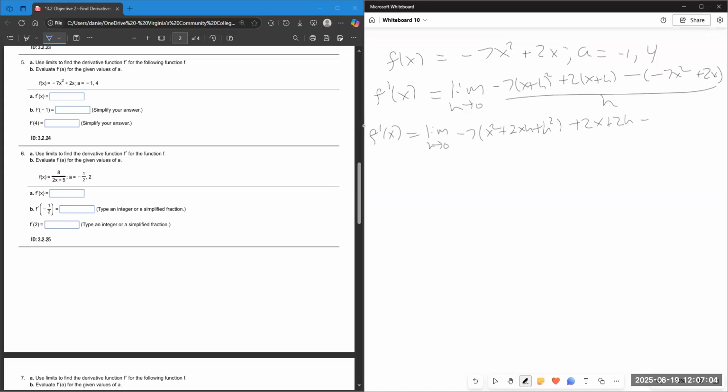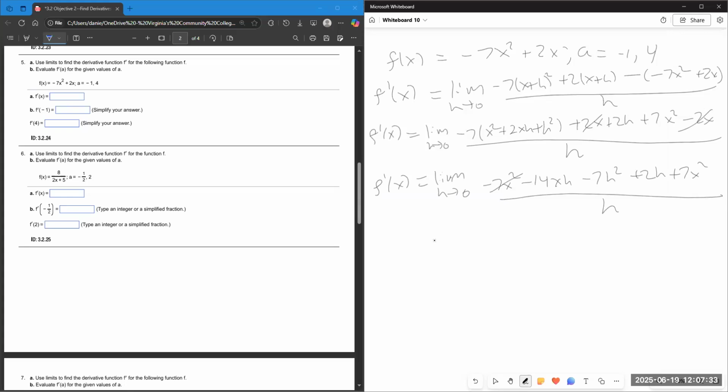The limit as h goes to 0 of negative 7x squared minus 14xh minus 7h squared plus 2x plus 2h plus 7x squared minus 2x, over h. f prime of x is the limit as h goes to 0 of h times negative 14x minus 7h plus 2, over h.